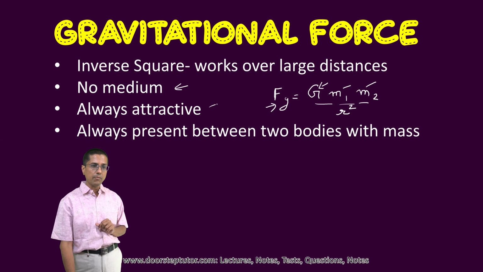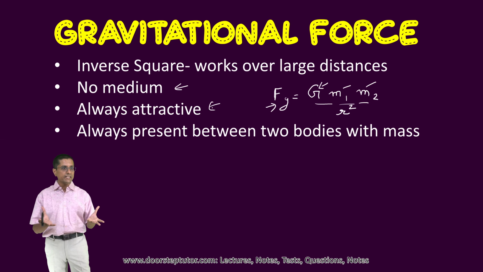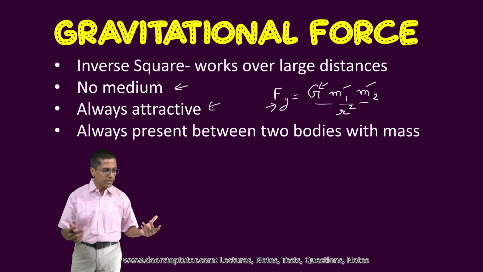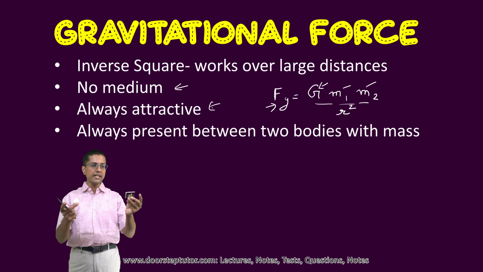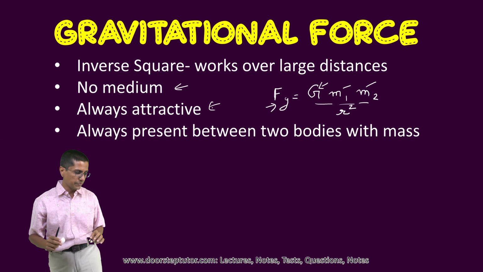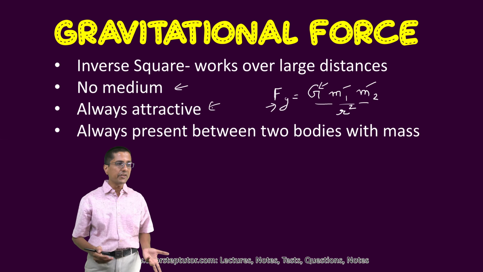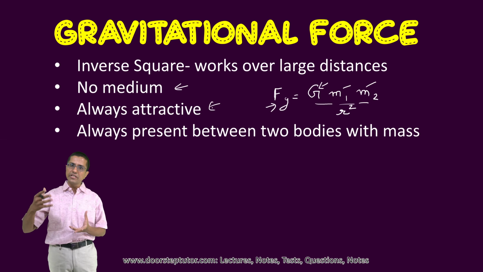Another important thing about the gravitational force is that it is always attractive. The two masses, if they are there, would always cause attraction between them. And if you think about it, the masses here are so small, but there is gravitational attraction between these two as well, in the same way as there is gravitational attraction between the sun and the moon, between the sun and the earth, between the earth and the moon, right?